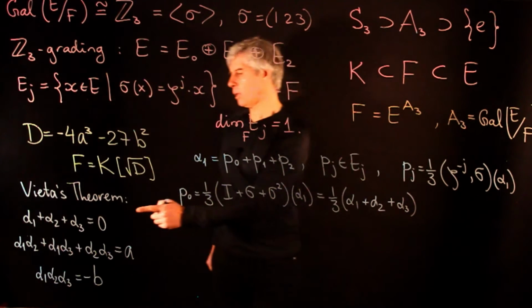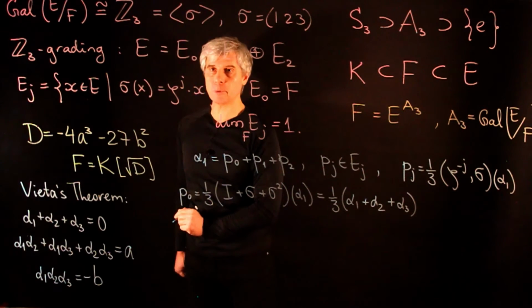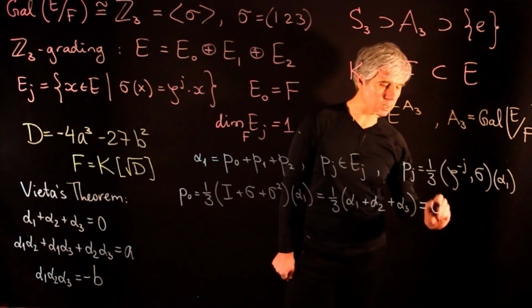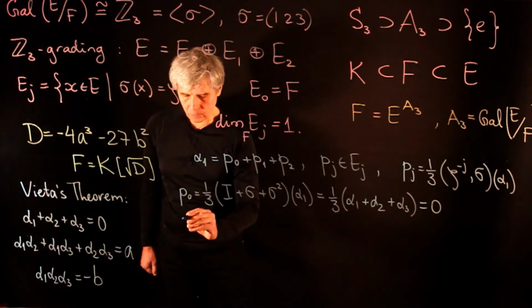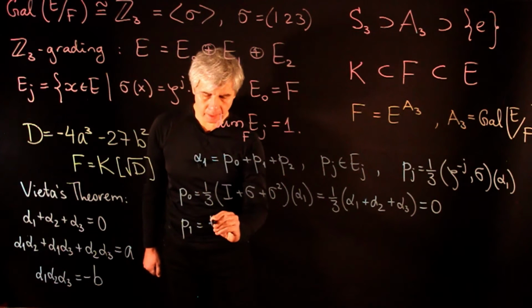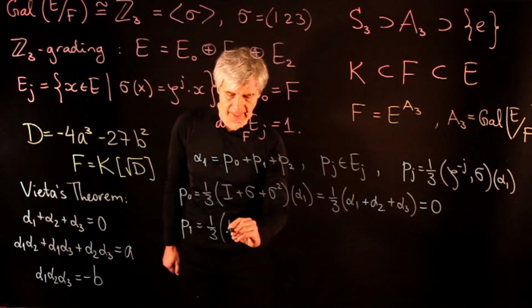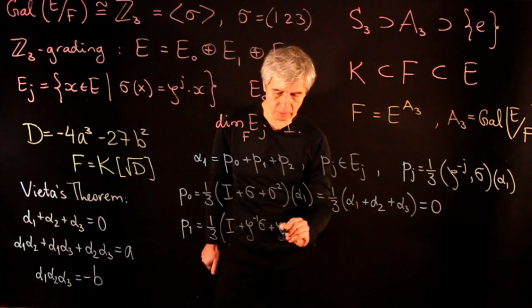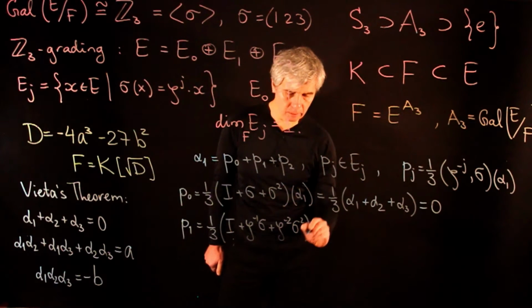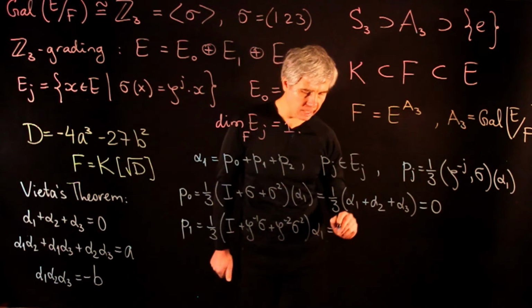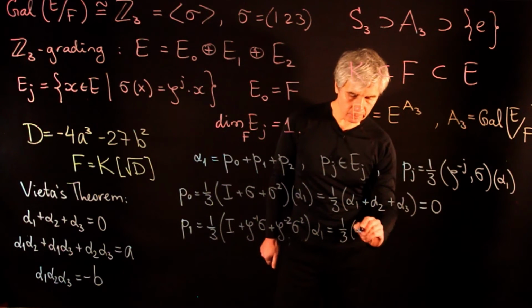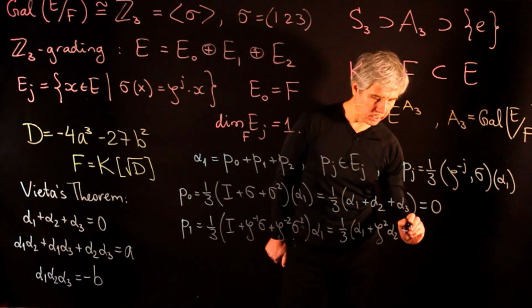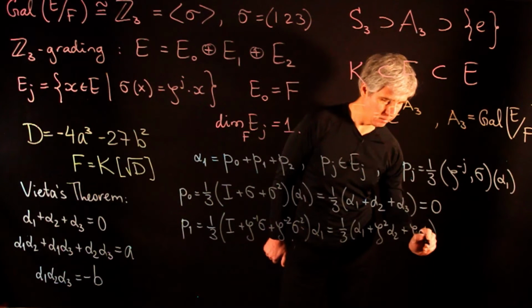But here, because our cubic was taken in depressed form, the sum of the roots is equal to 0. So we get that P0 is equal to 0. To get P1, we apply the operator 1/3 of identity plus zeta inverse sigma plus zeta to the negative 2 sigma squared to alpha 1, and we get 1/3 of alpha 1 plus zeta squared alpha 2 plus zeta alpha 3.